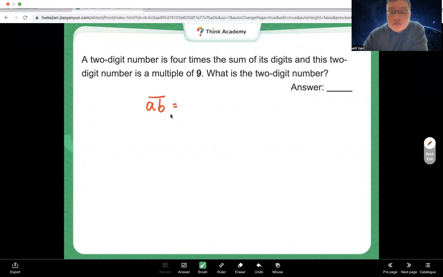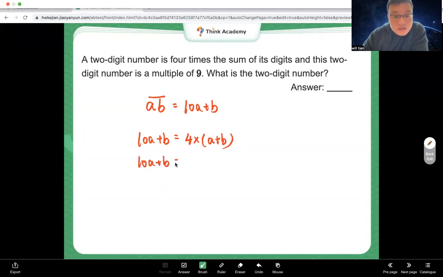So the value of this 2-digit number will be 10A, because A is in the tens place, plus B. And now you will have an equation. It's 4 times the sum of its digits. So there'll be 4 times the sum of A and B. And now you can just solve it.